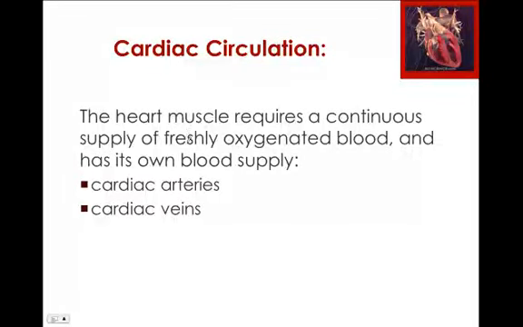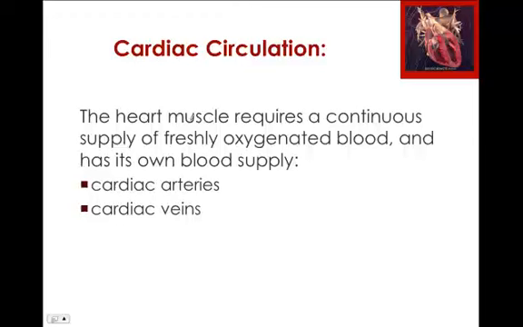Now what we didn't talk about is that there's also this whole other set of vessels that are going to supply the heart itself. We talked about how the heart acts as a pump to pump deoxygenated blood to the lungs and oxygenated blood to the tissues, but we didn't talk about how it pumps blood to itself, because it requires oxygen as well.